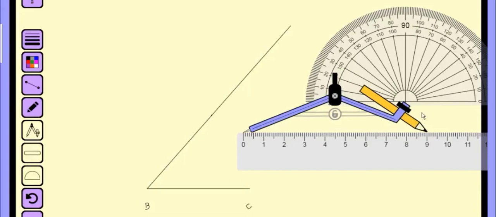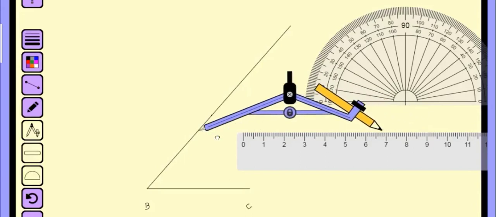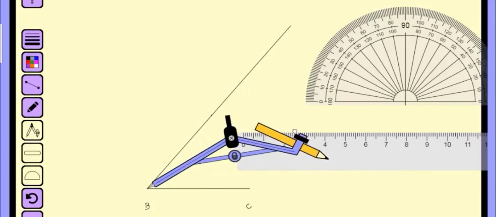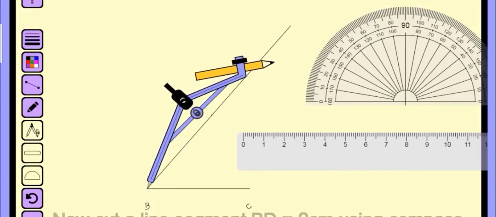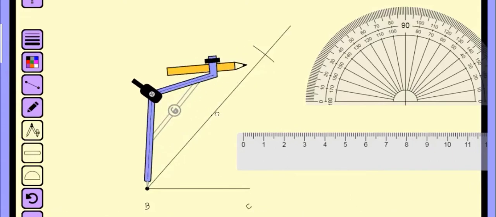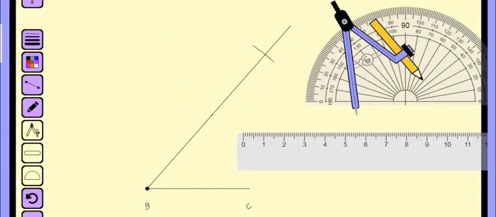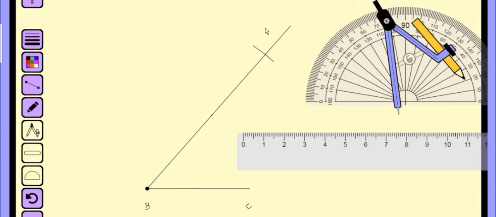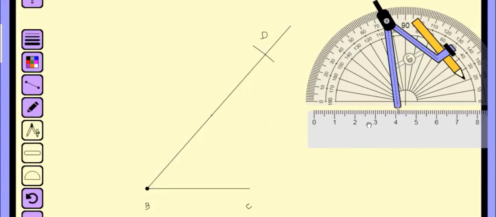So from point B you have to draw an arc of 9 centimeters, and take that point as D. So this is your AC plus AB, and that is equal to BD. Mark it as D and now join DC.